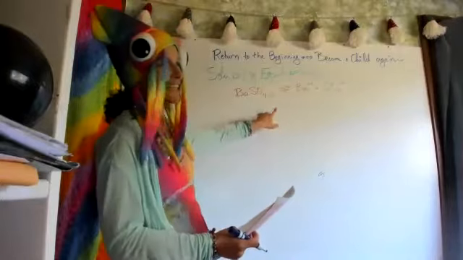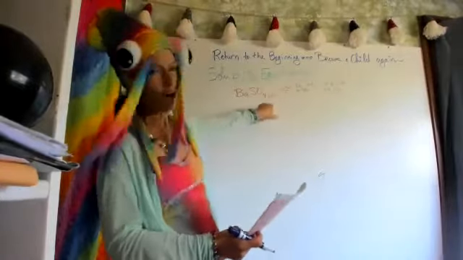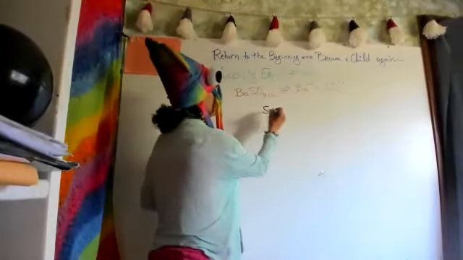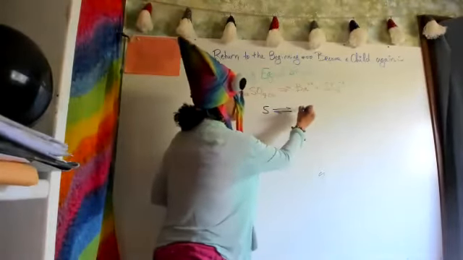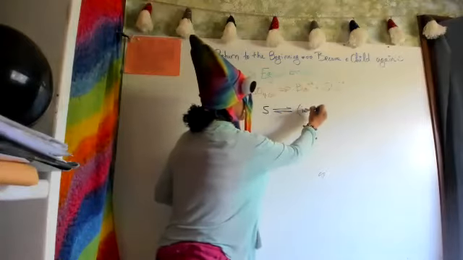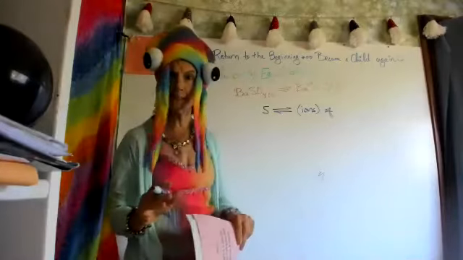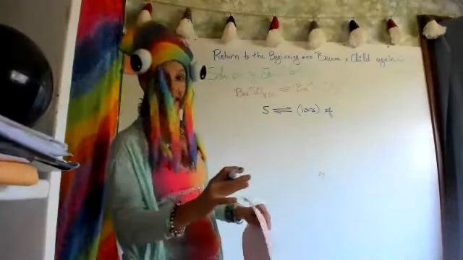The key is it's always the solid to the ions. So as long as you always do solid to ions, aqueous, it makes it really simple. They're always written like this.